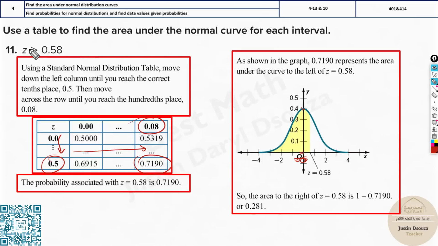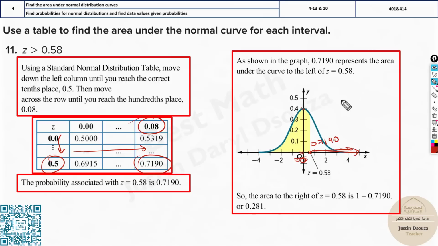Now you need to find anything that's greater than 0.58, right? So here, the z value is greater than 0.58. You just have to know what this point is. What is that point exactly? From the table you get it as 0.7190. But you want to know greater.